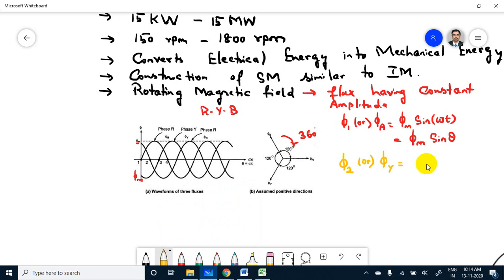Phi y equal to phi m sine of omega t minus 120 degrees. Instead of omega t we write theta, so phi m sine of theta minus 120 degrees. And this waveform is phi r.